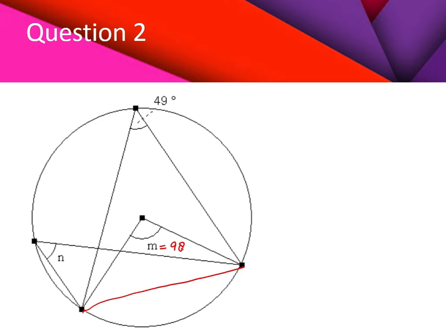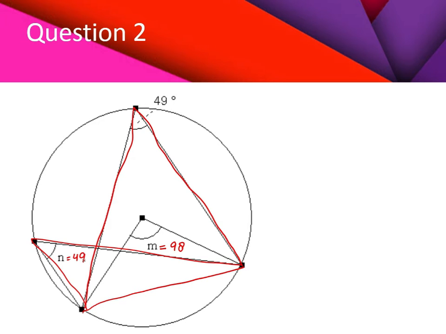Okay, and the reason is angle at the center is twice angle at the circumference. Then angle N will be equal to 49 because here we have same segments like this. Okay, so angle N will be equal to 49 and the reason is same segment.